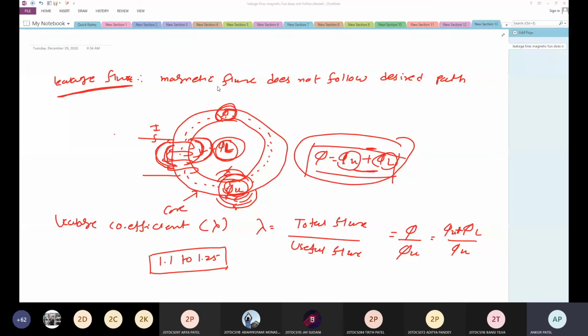So this chapter will continue in next week's lecture. Does anyone have a doubt regarding this electromagnetics? No, sir.